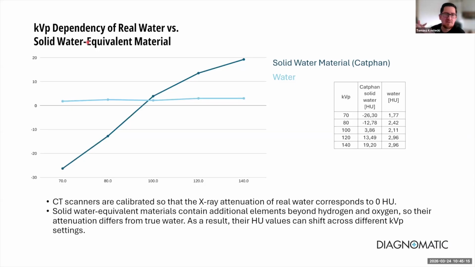Okay, I would also like to mention that there is something that is called the peak kV dependency for all the materials. So the real water, the liquid, usually stays near the 0, but for the other materials, you will see variation according to the peak kilovolts.